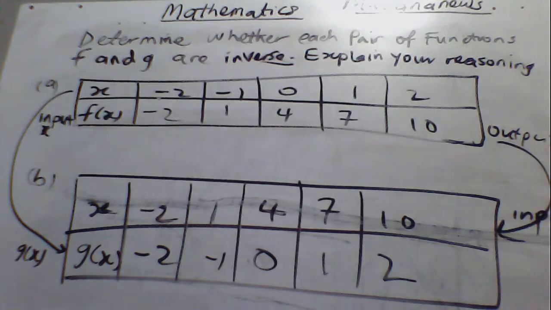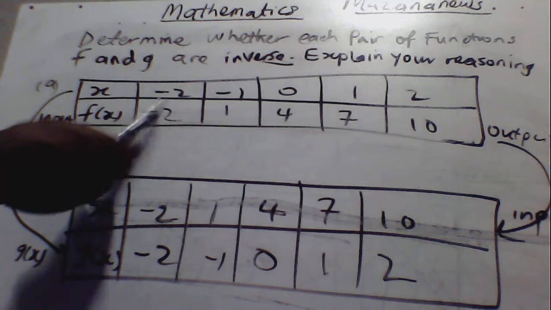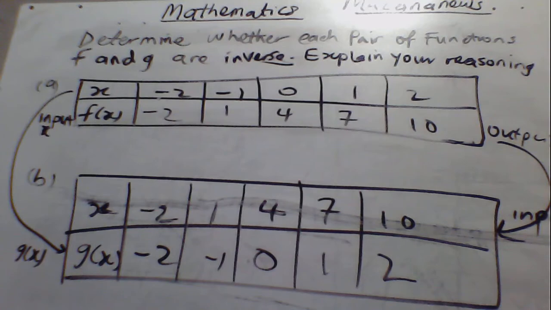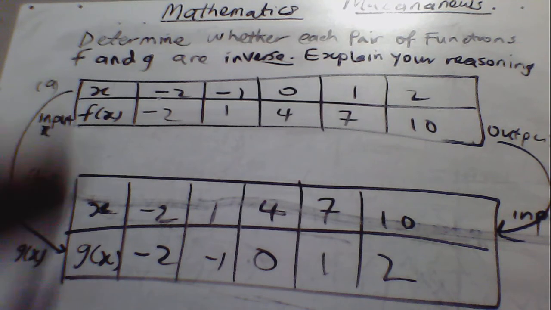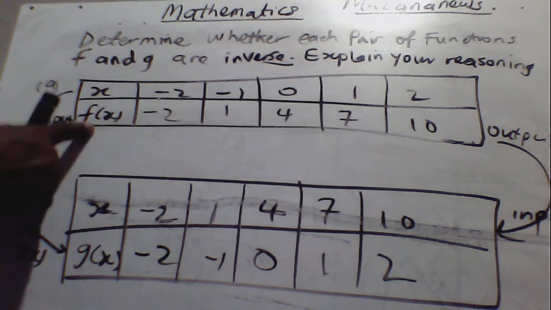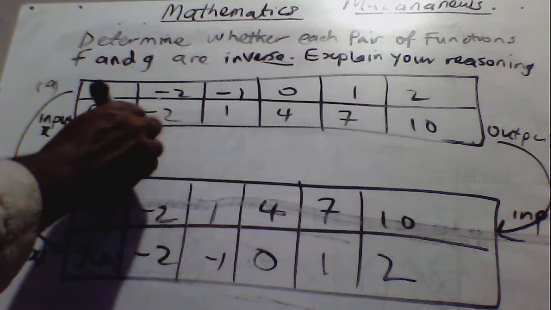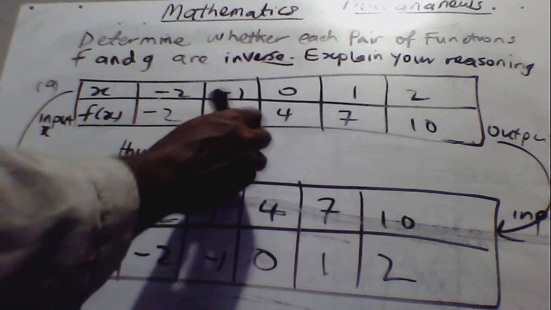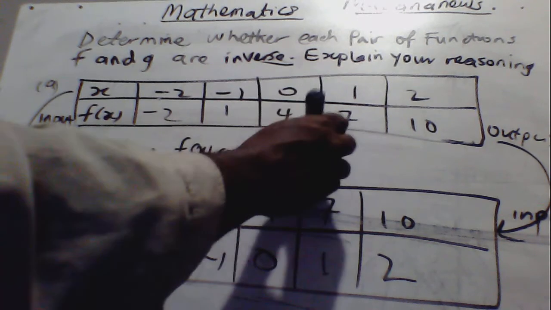We have done this formula before. Look at the output of this: minus 2, 1, 1, 4, 4, 7, 7, 10, 10. Thus f and g are inverse. This is f of x, this is g of x. Thus f of x and g of x are what?